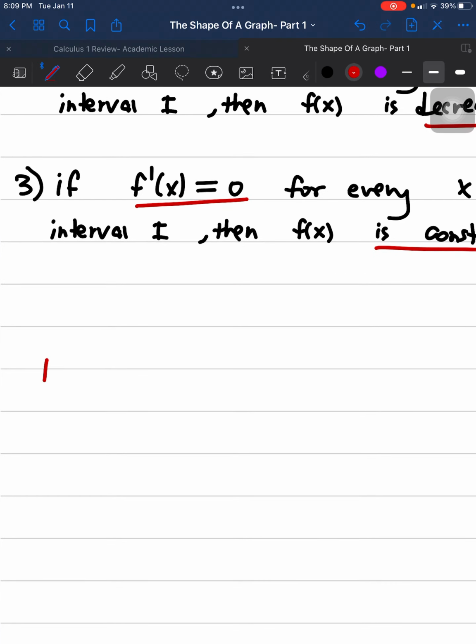So what this basically means graphically, for the first statement, we're just going to draw a quick visualization.